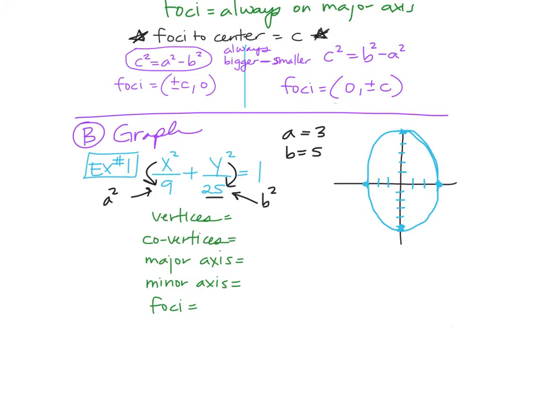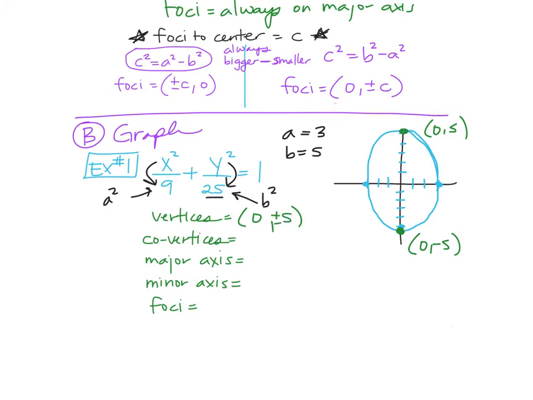Okay, so think about what that means. Our vertices, remember the vertices are the ones that are farther away from the center. So your vertices here are this point and this point, which are the point 0, 5 and the point 0, -5. Okay, so the way we can write that is 0 plus or minus 5.